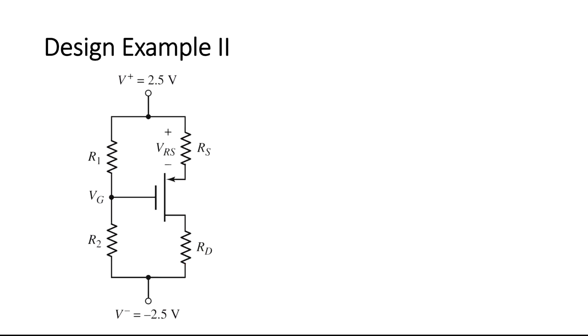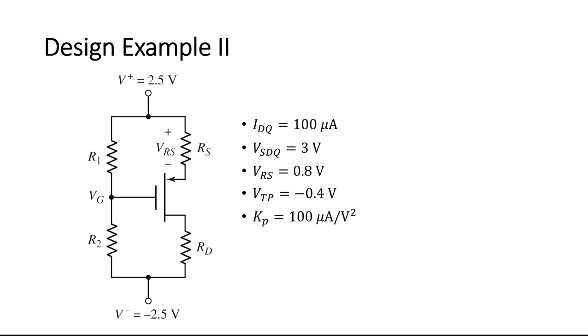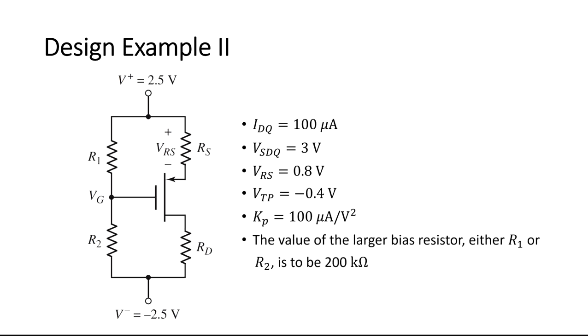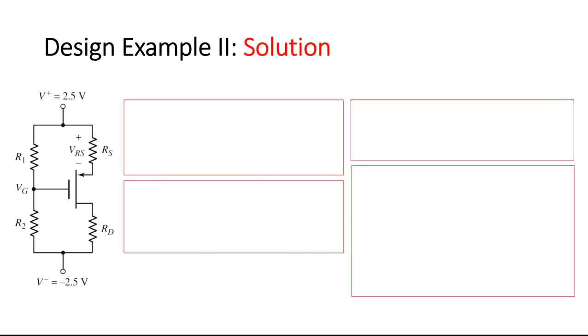In the second design example, the parameters are given like that. Here, the value of the larger bias resistor is given as 200 kΩ, and it may be either R1 or R2. By considering the saturation region of the transistor, the source-to-gate voltage is given.